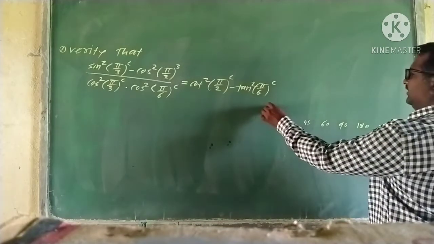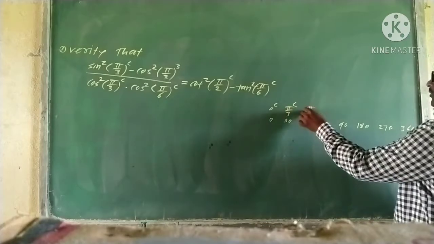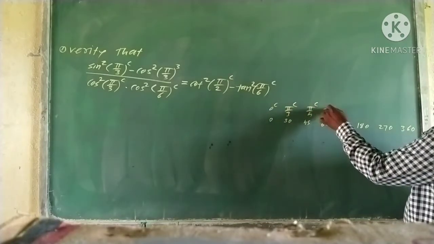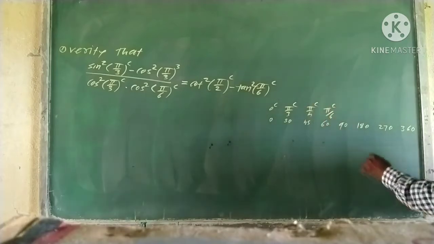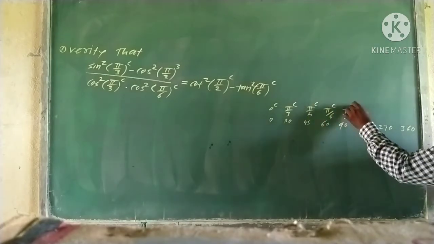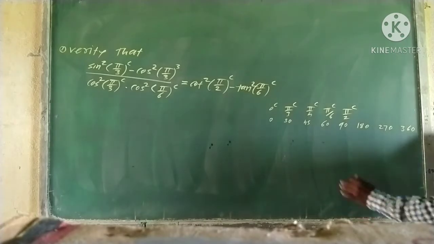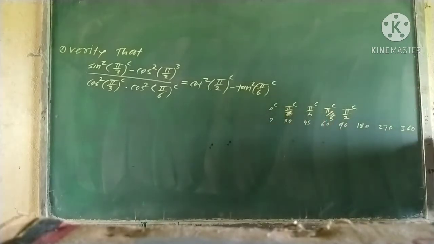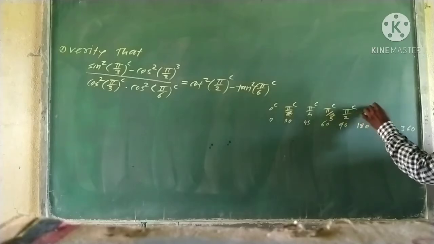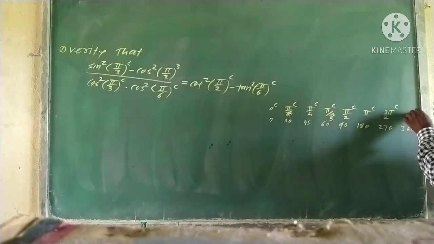That is, 0 radian, pi upon 6 radian, pi upon 4, pi upon 3, pi upon 2, pi radian, 3 pi upon 2 radian and 2 pi radian.